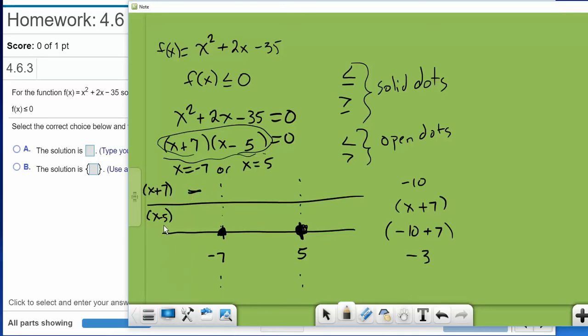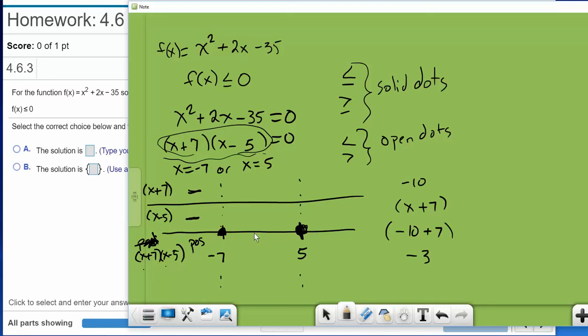Then for x minus 5, negative 10 minus 5 would be negative 15. Again, that would be a negative. Now for the product, for the function itself, x plus 7 times x minus 5, what's a negative times a negative? And then I just write POS for positive.